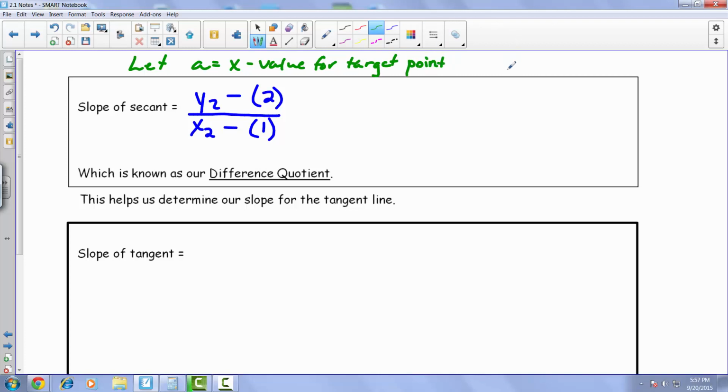When you throw that x value for the target point into the function, you end up with some y value, f of A. So this would be our y value for the target point.